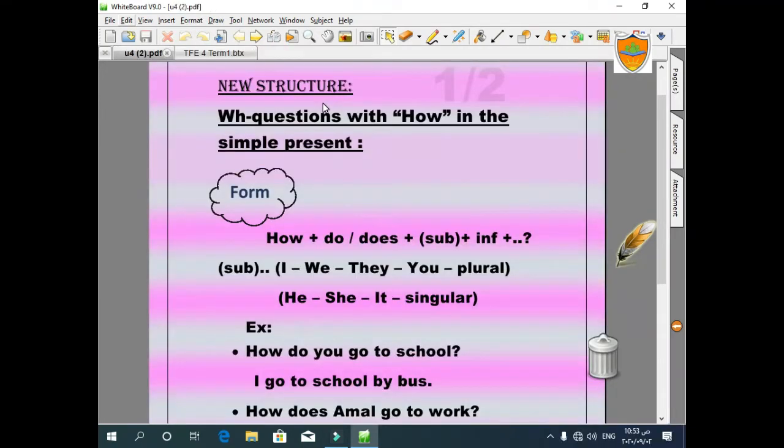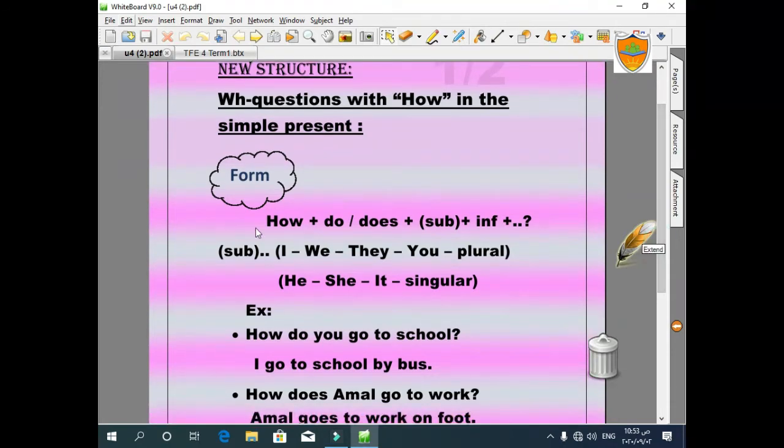And now, let's go to our new structure and learn how to ask about the means of transport by using how in the present simple tense. The form: how plus do or does plus subject plus infinitive.